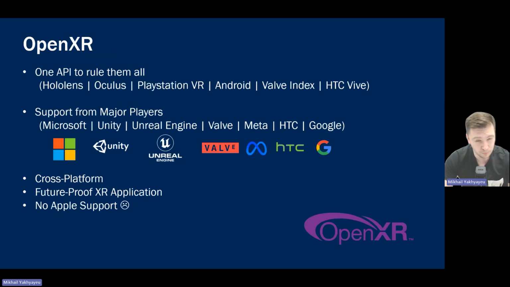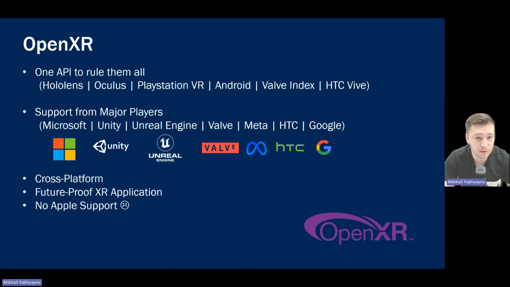OpenXR is a protocol, an API, and a runtime. It is cross-platform and it is future-proof. It is cross-platform for a number of devices that use augmented reality or virtual reality, like HoloLens, Oculus devices, PlayStation VR, Android, Valve Index, HTC Vive, and many others.